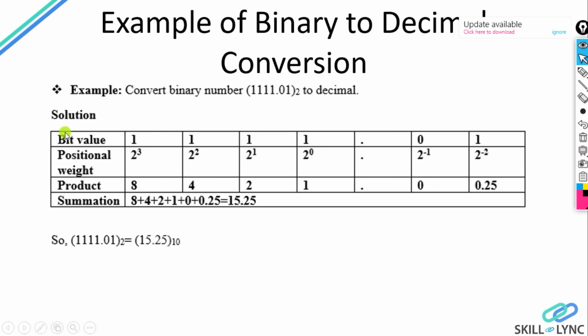So till this point we have written the bit values and the positional weight. Positional weight means the positions with respect to the base in terms of 2 to power n, where n is the position and 2 is the radix.